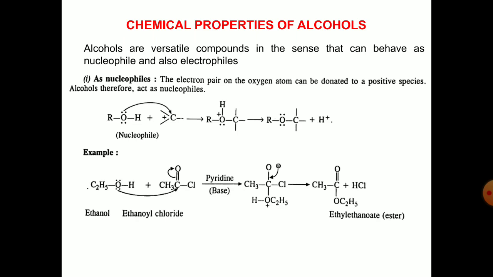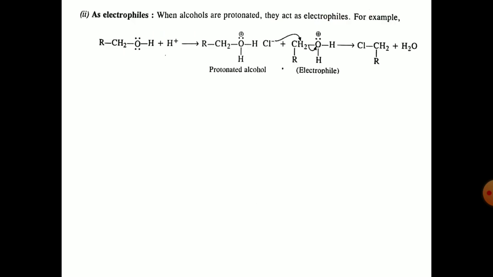So what will be formed? CH3 C double bond O C2H5, that is ethyl ethanoate. It is an ester. So acid chloride on reaction with alcohol in the presence of pyridine gives an ester. In this reaction, alcohols act as nucleophiles.